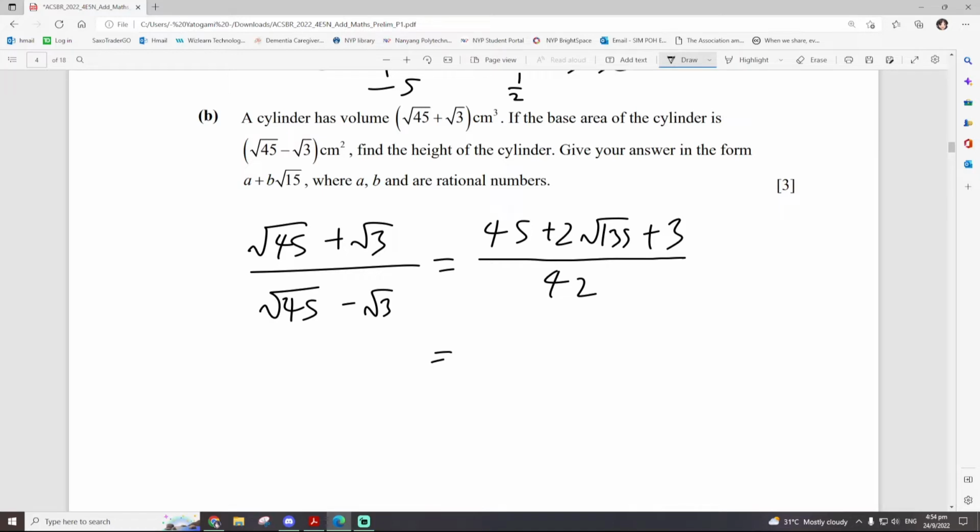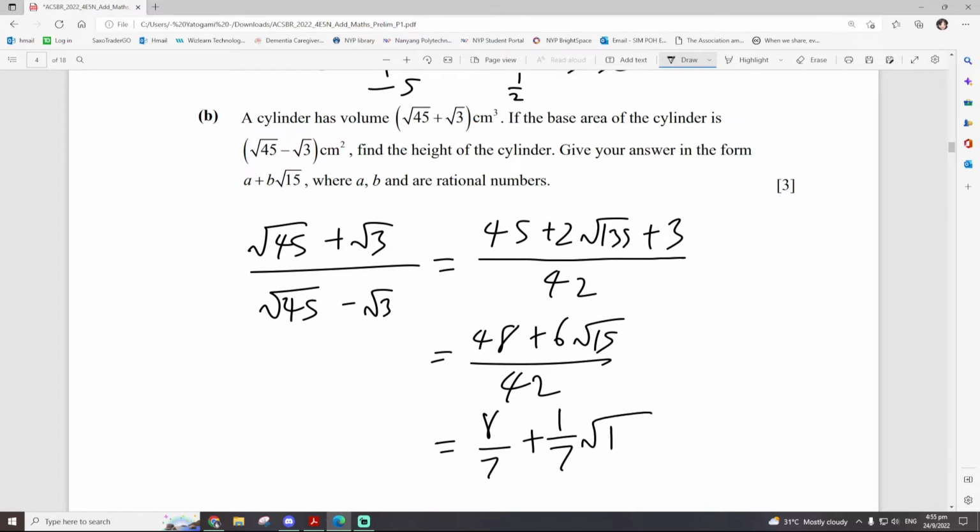So this becomes 48. Now I can actually write 135 as 15 times 9. So I can factor out the root 9, which gives me 6 root 15, divided by 42. And this can further be simplified to 8 over 7 plus 1 over 7 root 15 cm, because they want it in the form a plus b root 15. Okay?